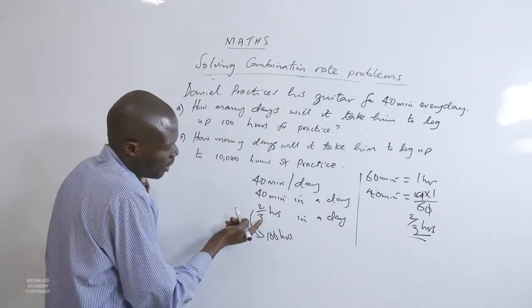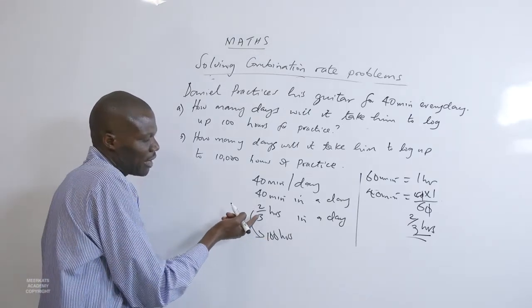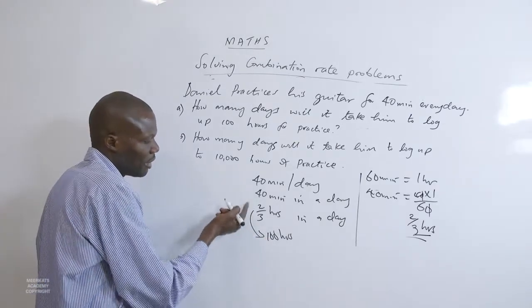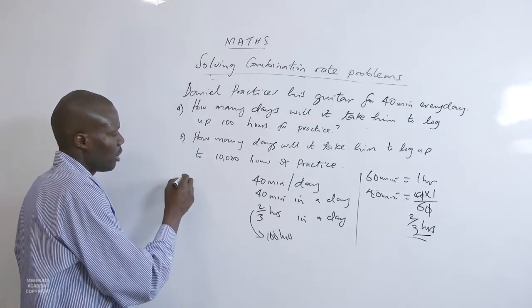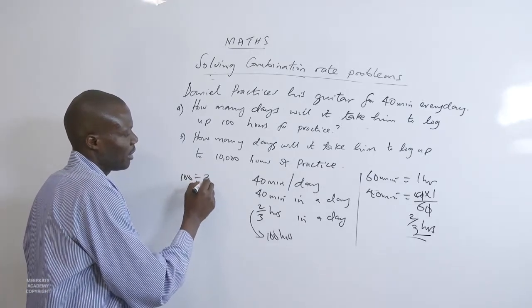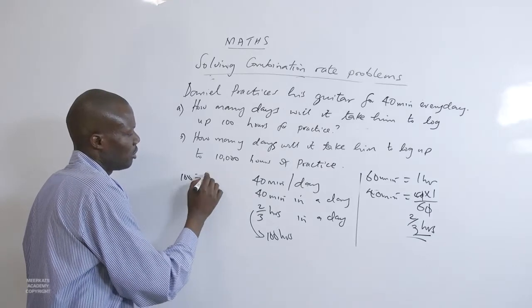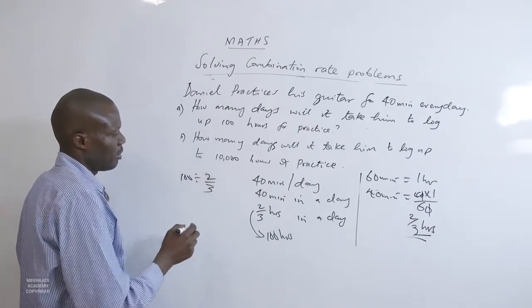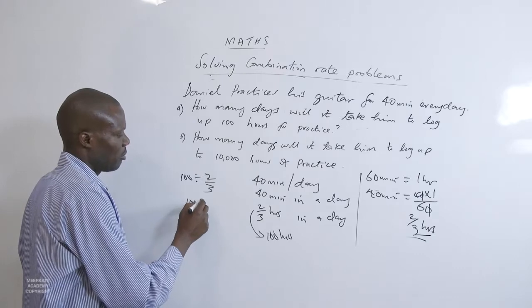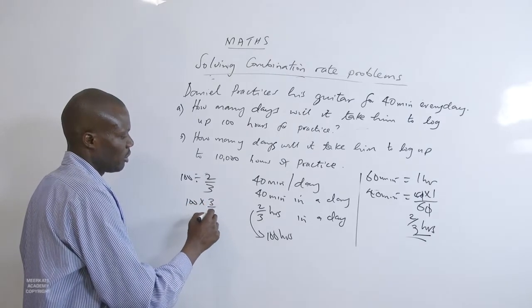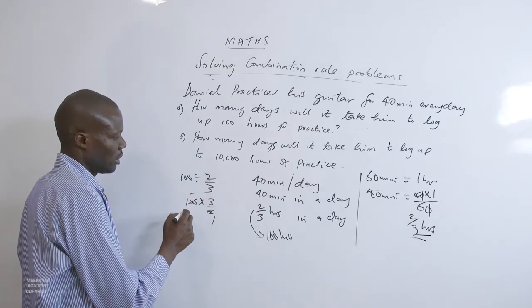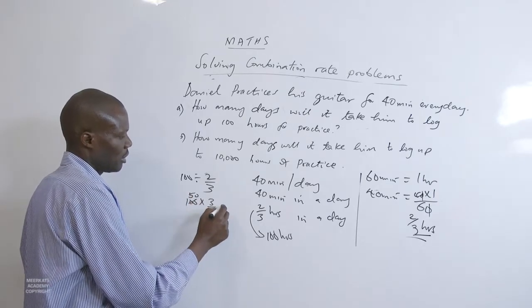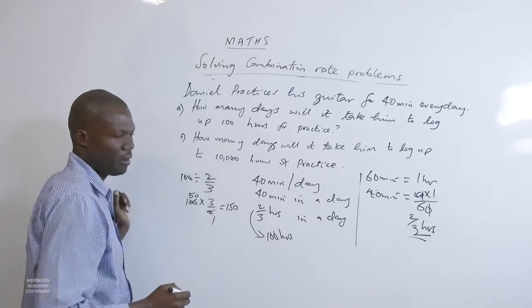You realize that for us to arrive at that, it is like taking 100 divided by 2/3, which is the same as 100 multiplied by 3/2, which is 150.